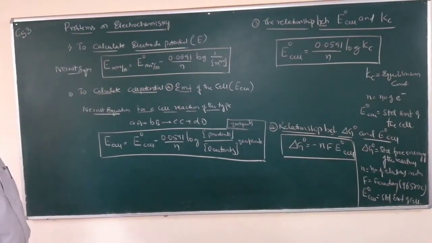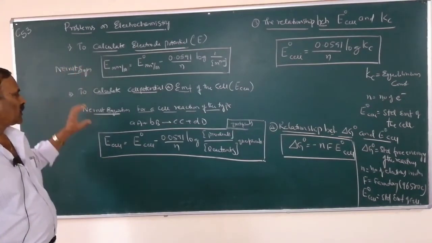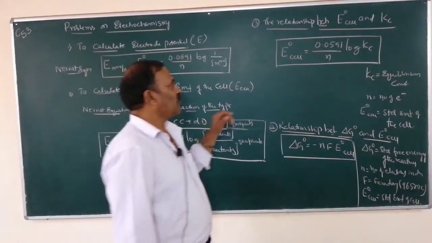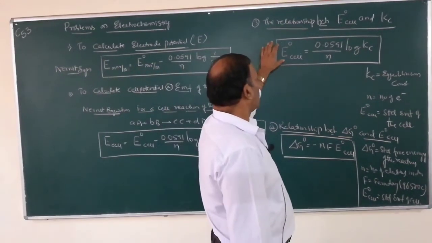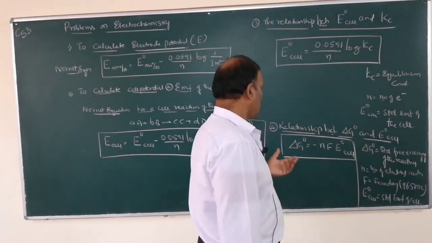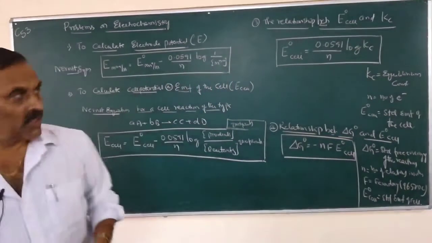Problems will be asked on these formulas: to calculate electrode potential, to calculate cell EMF, the relationship between the standard EMF of the cell and the equilibrium constant, and the standard free energy change.